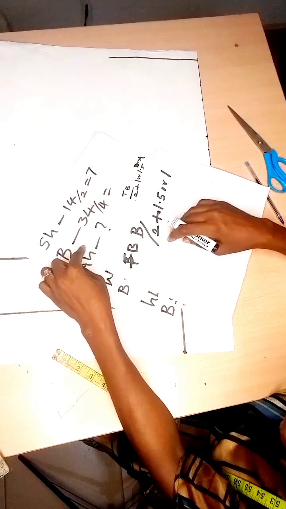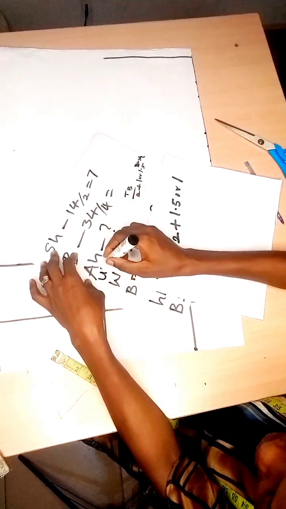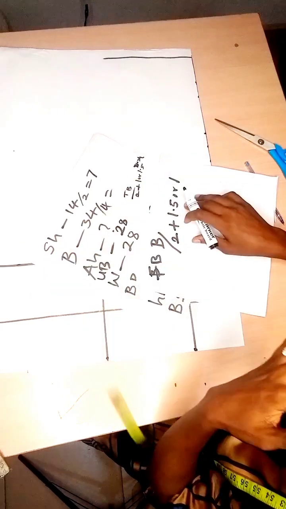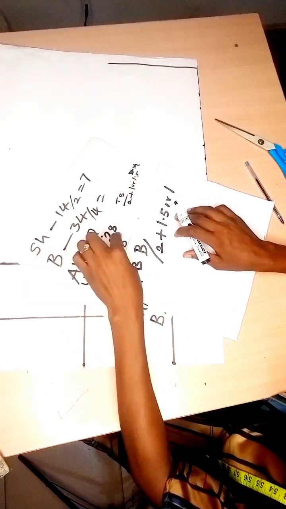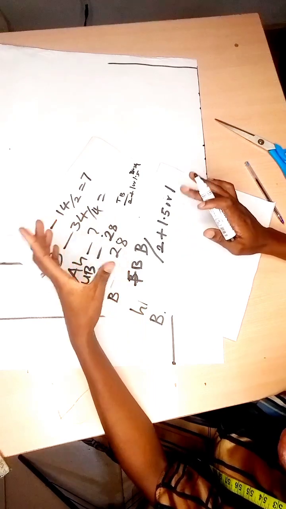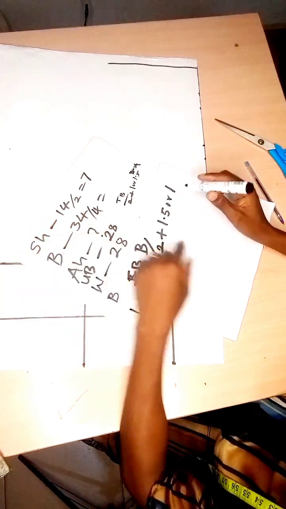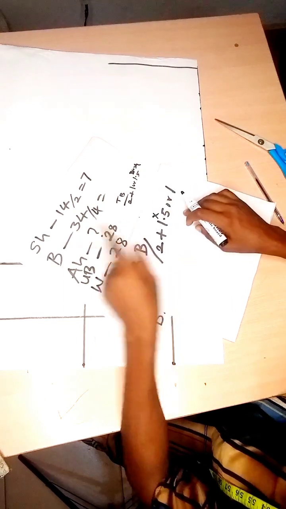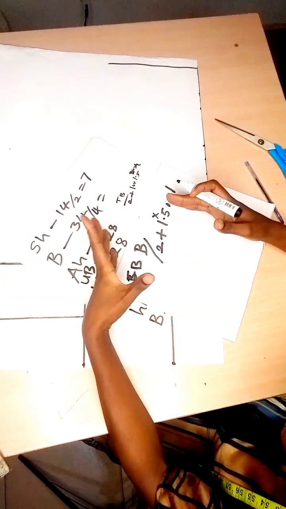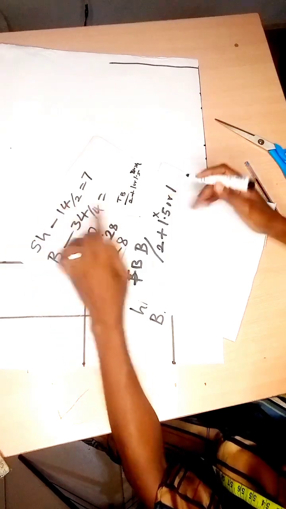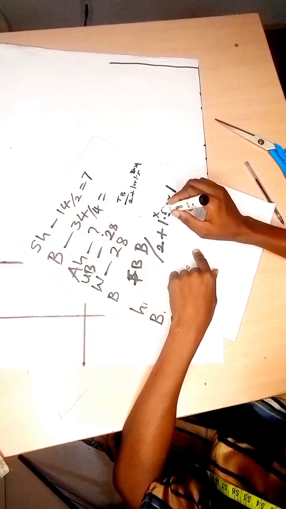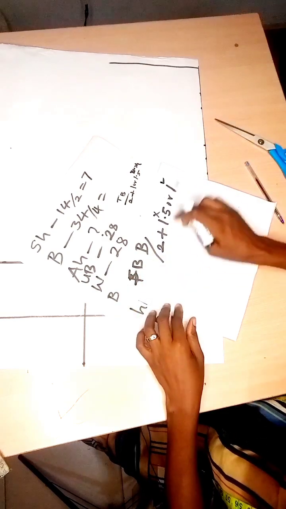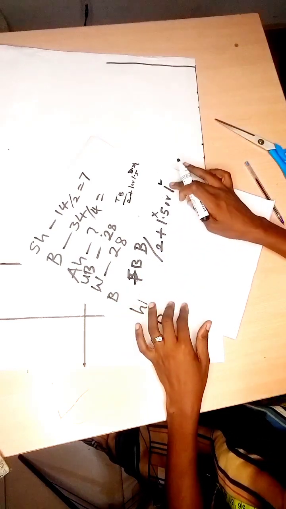My under bust is 28, it's the same as my waist. If the difference between bust and waist is more than 6, that means the person is busty. You can use 1.5. But if the difference between under bust and bust is not more than that, you use 1 inches. So in this formula, the one we're going to choose is 1 inches.